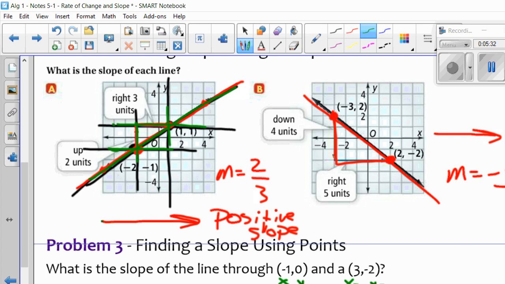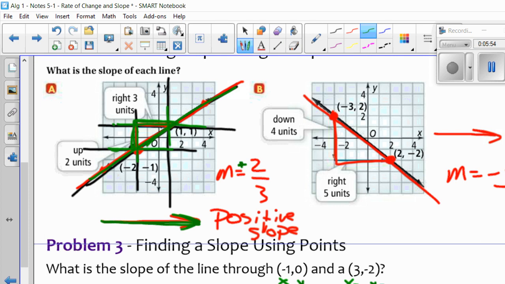You read a graph like you read a book. You read a book left to right. What's my line doing as I go left to right? It's going up. So I'm going to count up 2 and over 3. So I'm kind of making a little triangle there. And so I went up 2, positive number, and I went over 3. I always go to the right.